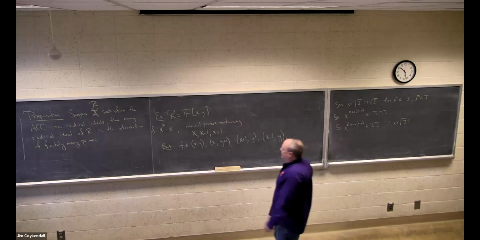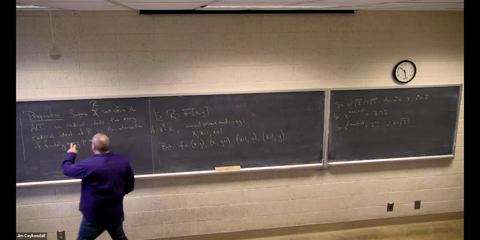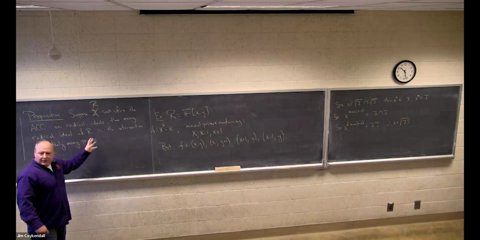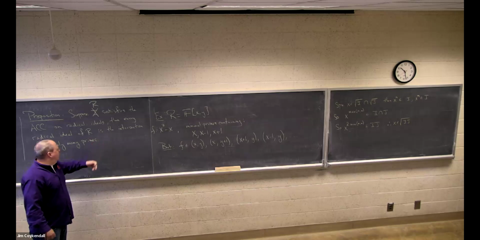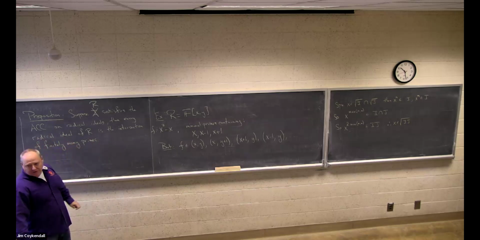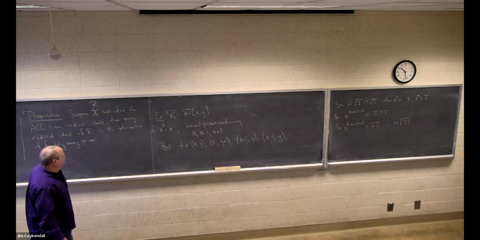And that's the difference here. So a radical ideal is of course the intersection of all the prime ideals that contain it, and in general, any ideal is contained in only finitely many prime ideals minimal over it.